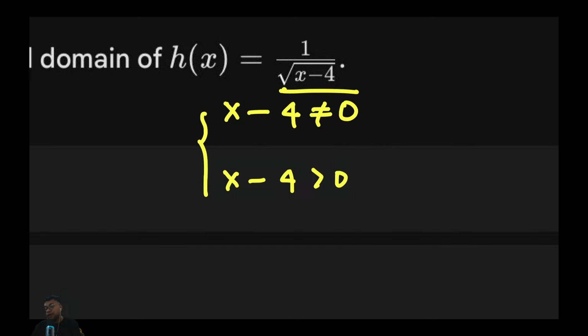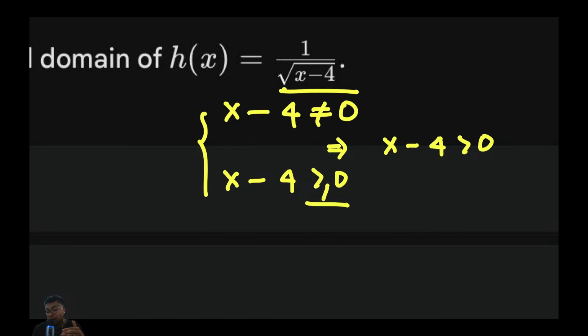Okay, so in sum, positive or equal to 0 under the square root. When we combine these both together, we get x minus 4 must be positive. Because when you say positive or equal to 0, there's one chance that x minus 4 equals 0.